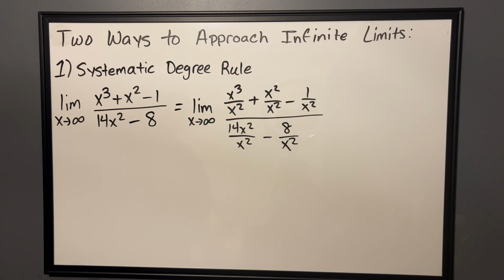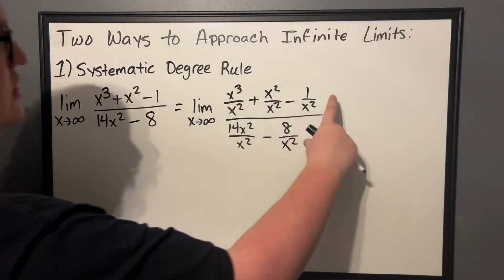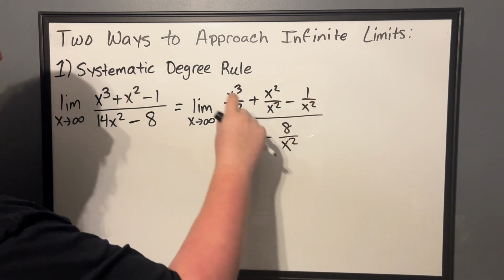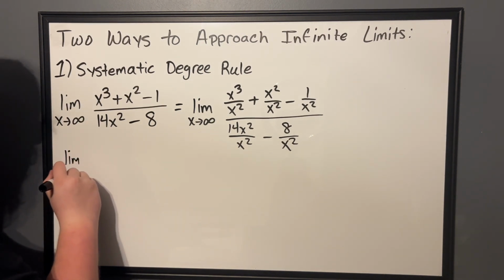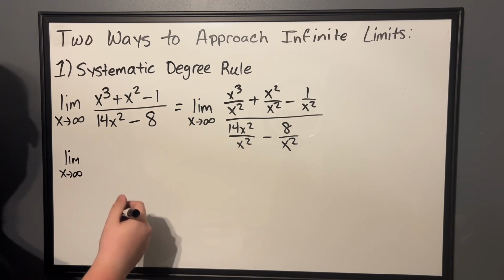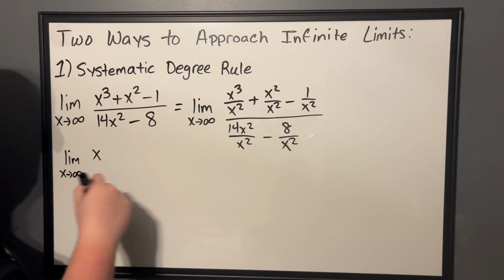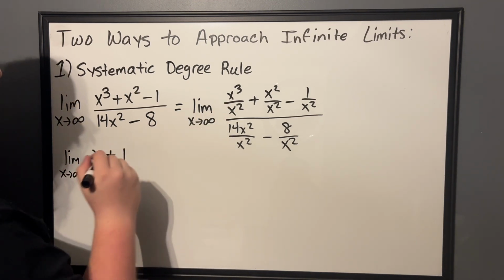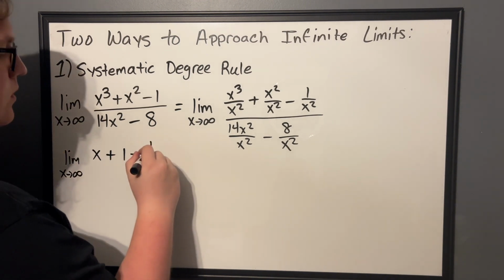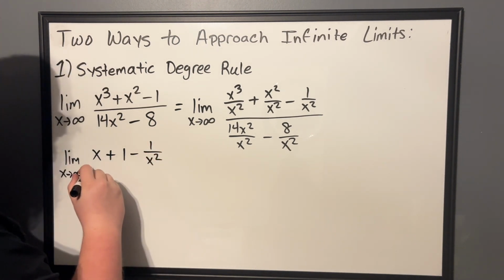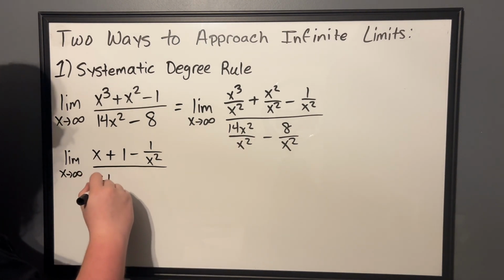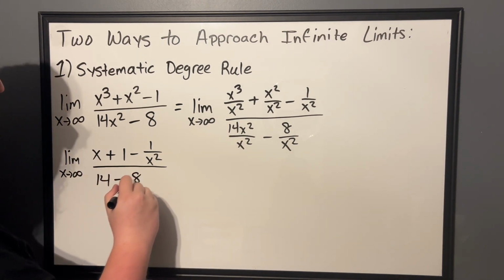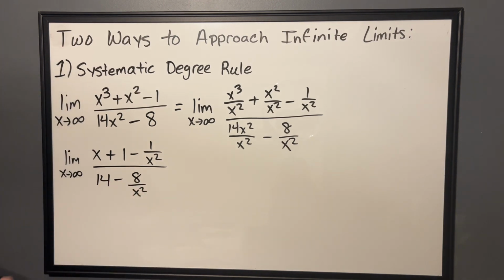This is pretty standard practice at this point, right? These will not reduce at all. These will, and so will this one. So we're going to have the limit as x goes to infinity of x cubed over x squared, which is just an x, plus x squared over x squared, which is 1, minus 1 over x squared, because that doesn't go anywhere, over this, where the x squared will cancel out, so we'll just get a 14, and then we have that minus 8 over x squared that doesn't go anywhere.